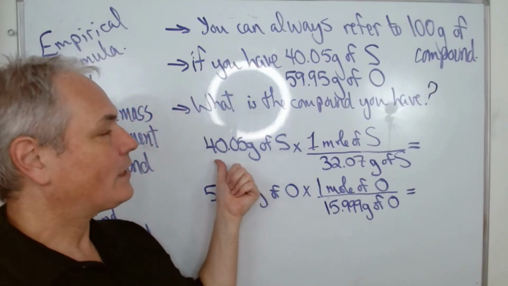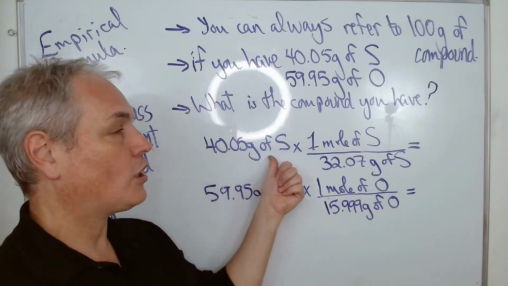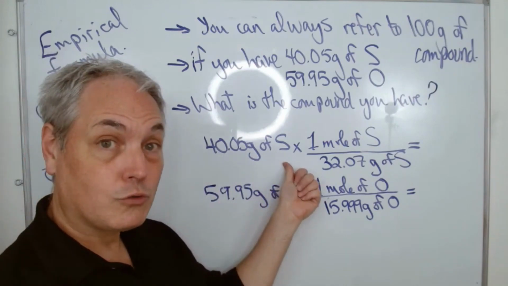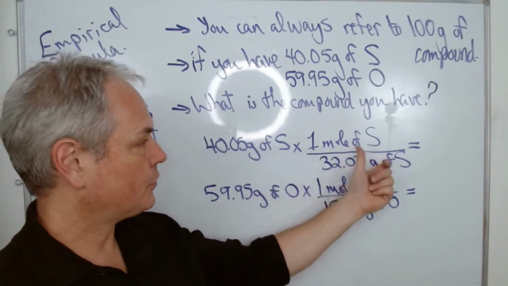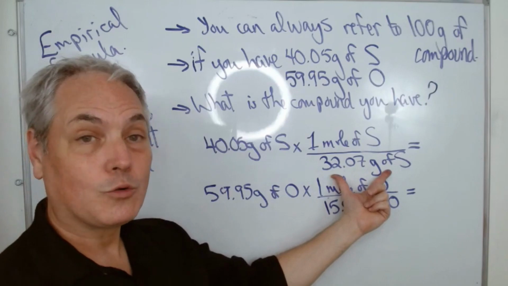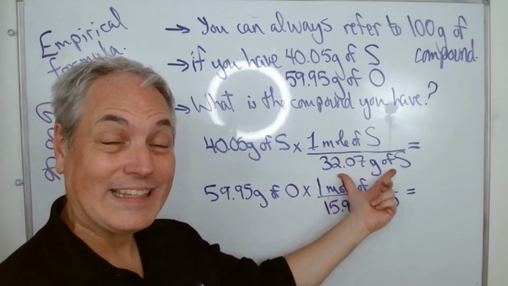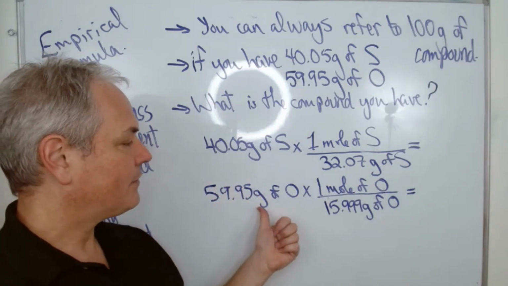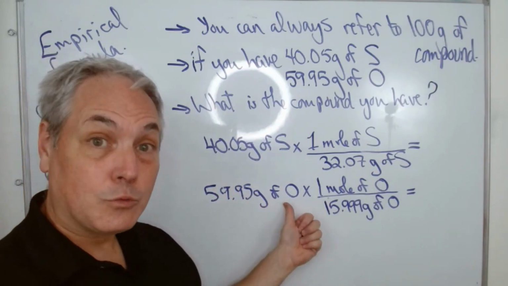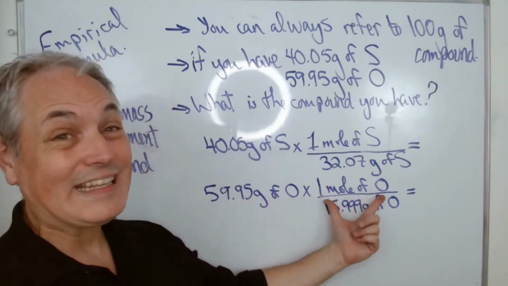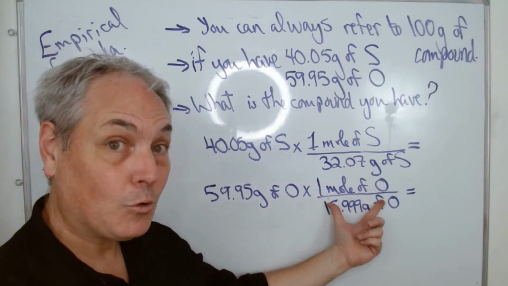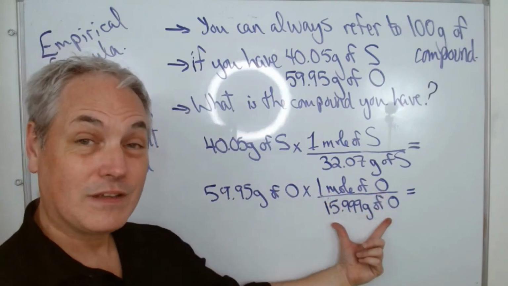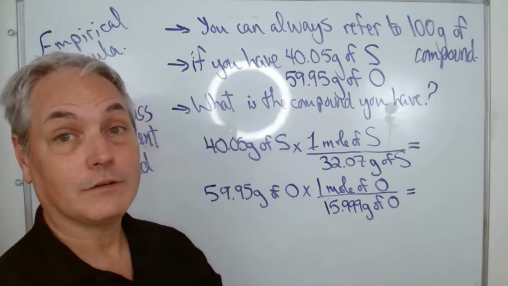Let's look at the information we have on the periodic table. First of all, we know that we have 40.05 grams of sulfur, but we also know that each mole of sulfur is 32.07 grams, and that is on the periodic table. We also know that we have 59.95 grams of oxygen in the compound, and each mole of oxygen contains 15.999 grams of oxygen.